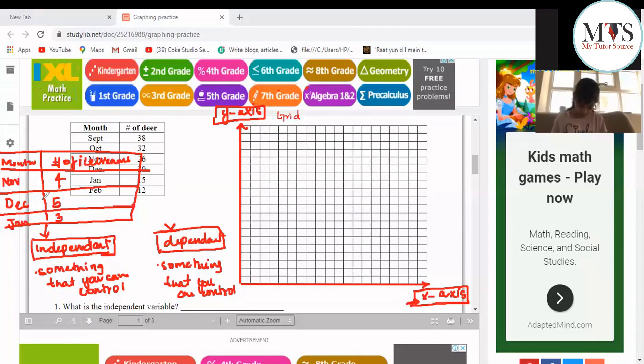Now that we have this little table with us, can you tell me what I'm going to plot on the x-axis and what I'm going to put on the y-axis? On the x-axis, you're going to write the months, and on the y-axis, you're going to write the numbers. And why am I going to write the months on the x-axis?